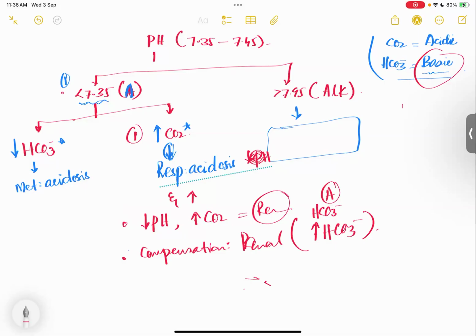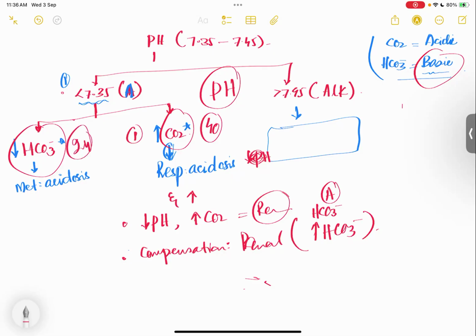Don't confuse it. The first thing you need to do is to look into pH. If you want to know is it respiratory or metabolic, for respiratory you will look into the carbon dioxide, and for metabolic you will look into bicarbonate. The normal values are 40 for carbon dioxide and 24 for bicarbonate.